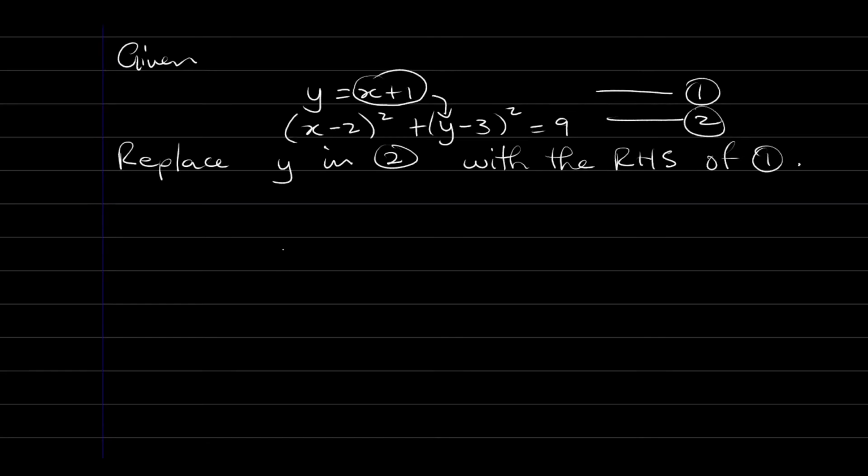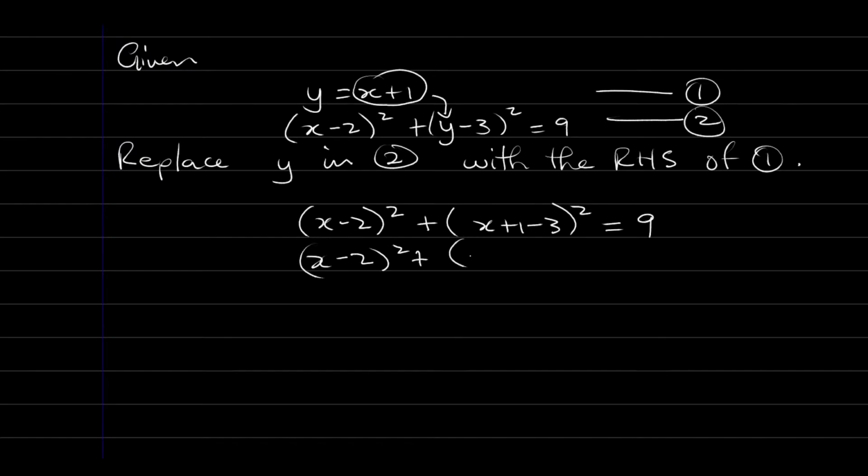Up to you however you choose to word it. So I'll have x minus 2 squared plus open bracket x plus 1 minus 3 close bracket squared equal to 9. And I have x minus 2 here squared plus open bracket x minus 2 here squared equal 9.